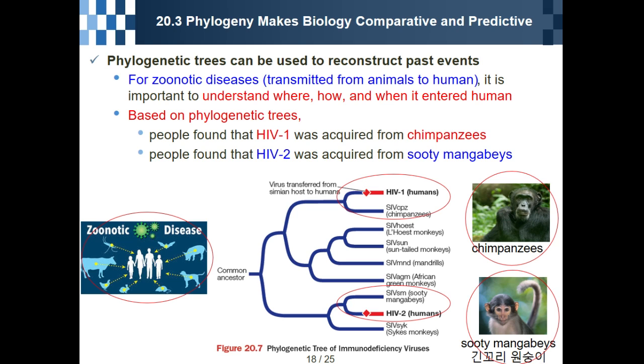So based on this phylogenetic tree, we can reconstruct past events. Maybe HIV-1 comes from chimpanzee, and HIV-2 comes from the sooty mangabey.